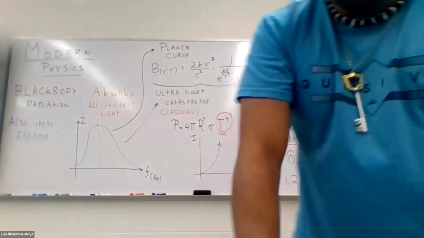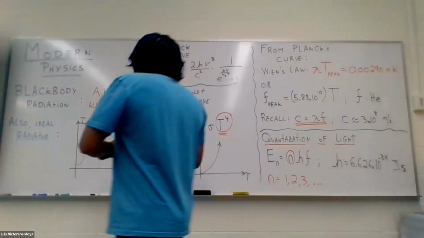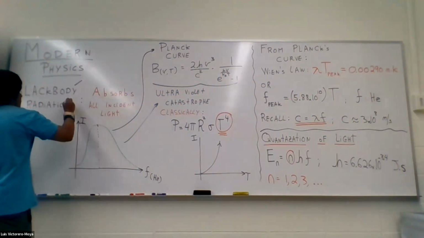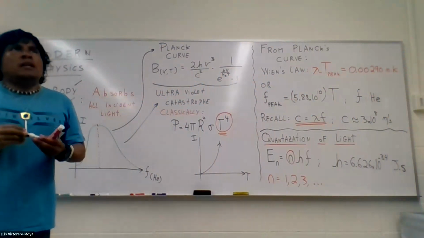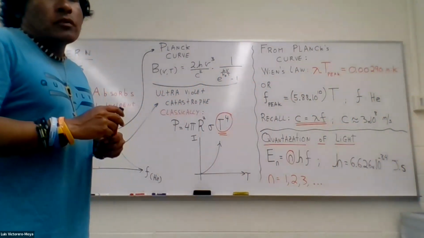So let me show you what I have here on the whiteboard. Here I have a summary of the slides with some extra information. The first idea that you should learn in this chapter is the idea of black body radiation. Black body radiations are particularly important when we study stars.